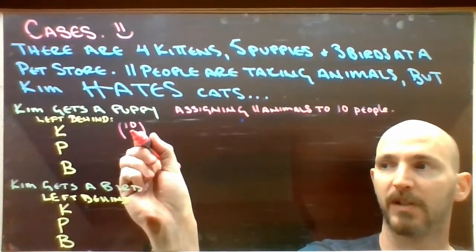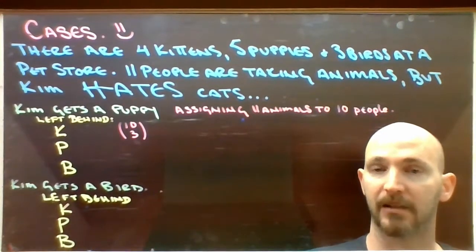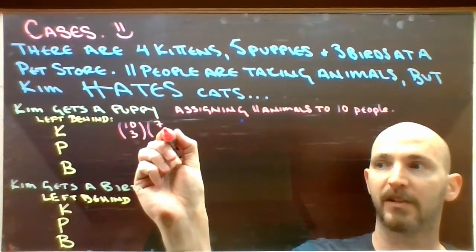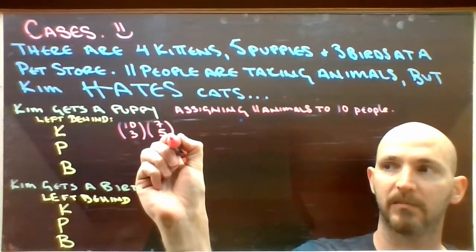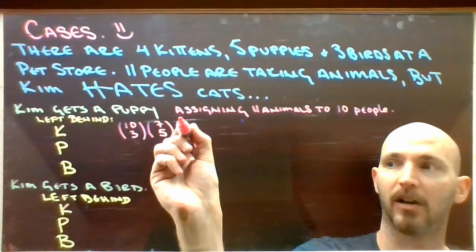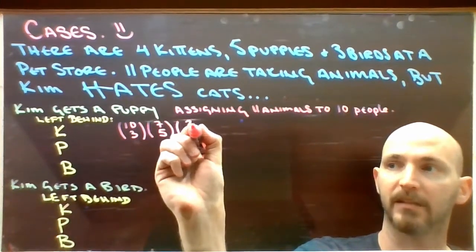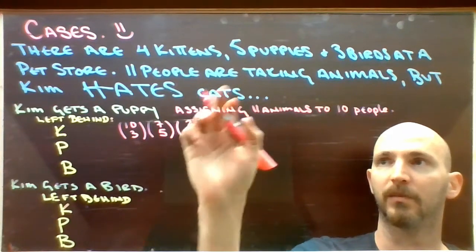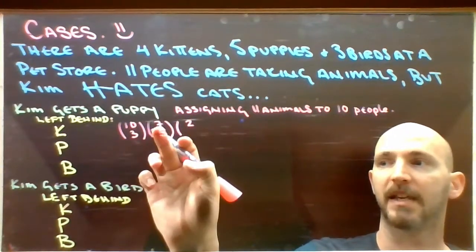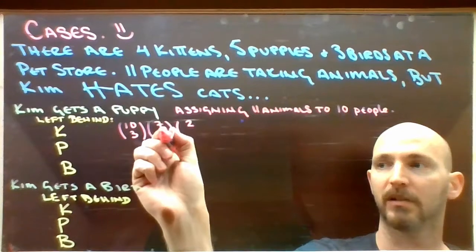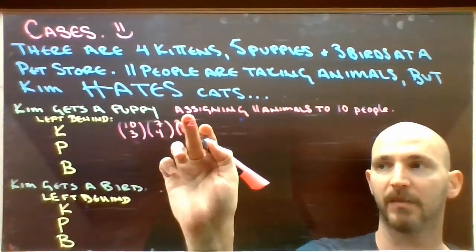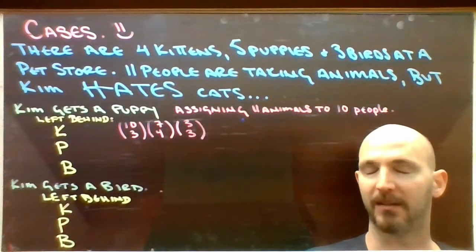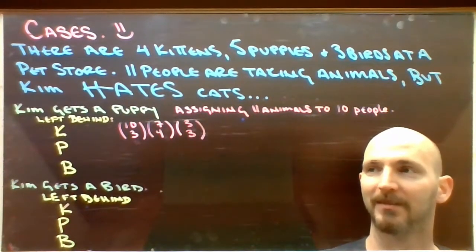So I'm only choosing 3 people to take a kitten. That means that there are 7 left who get to choose a puppy. Oops, hold on. Kim has taken a puppy, so there's only 4 puppies left to choose from, which leaves 3 kids left who get stuck with birds. I mean, get to have birds. So lucky.